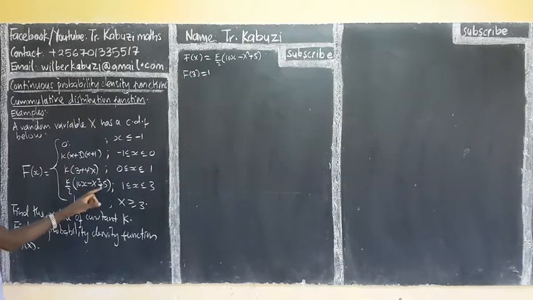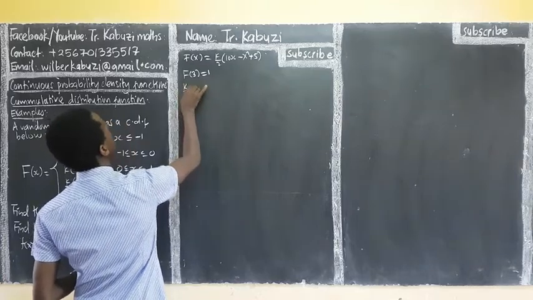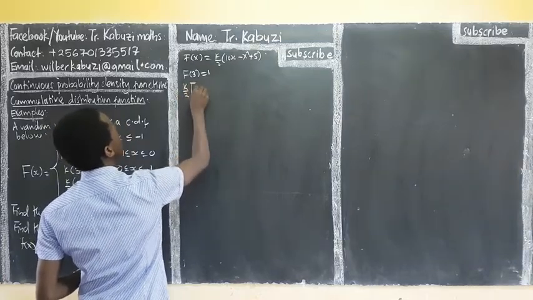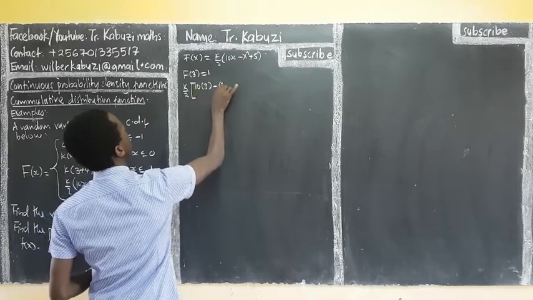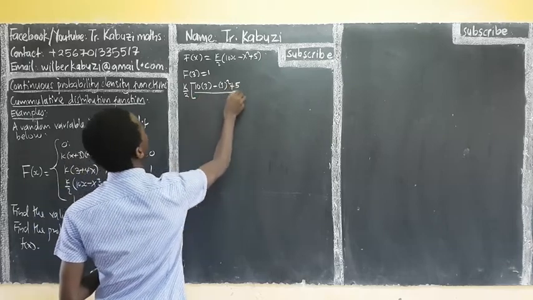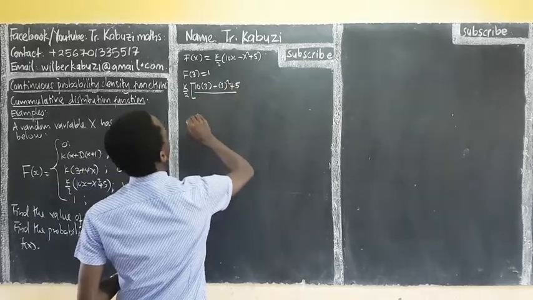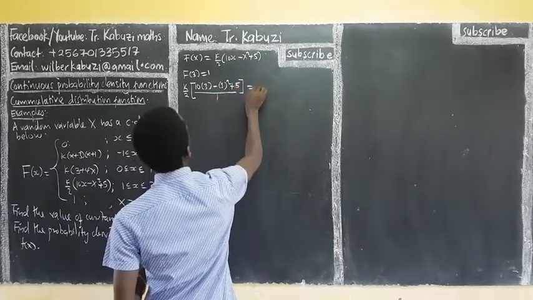So when you put in this upper limit here, the 3, we shall get a 1. If I do the same there, I'll be adding k over 2 into 10 into 3 minus 3 squared plus 15, the whole over, equaling 1.